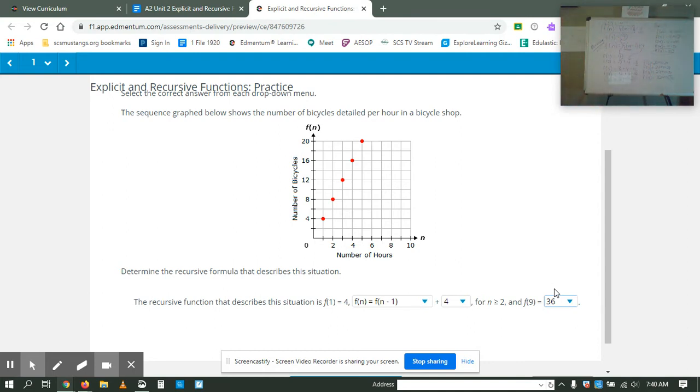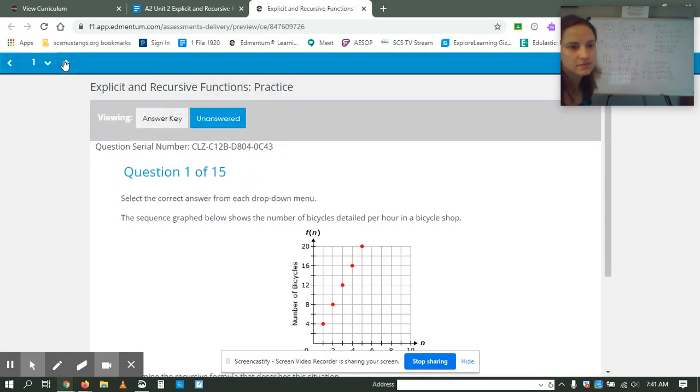It doesn't matter which way you do it, just whichever way makes sense. As long as they're not specifically asking you to use one version or another, you're fine. So we had to use the recursive for what we were doing here to be able to write this equation to fill in these values here, but it didn't tell us that we couldn't use the explicit for there. So it's whichever one you want to use. Okay? All right. So looking at the next problem.